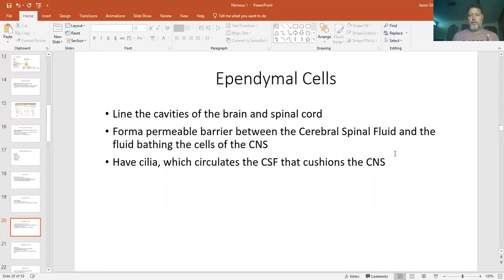So the cerebrospinal fluid would just sit there otherwise. These cilia on the cells act like paddles, or whatever you want to call them, to move the cerebrospinal fluid along so that it circulates throughout the central nervous system, and it later gets absorbed back, and that's how you make more of it.